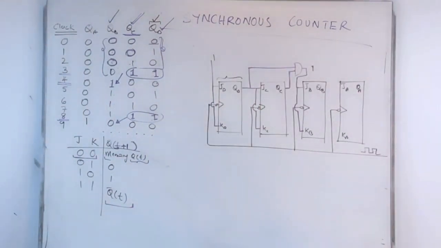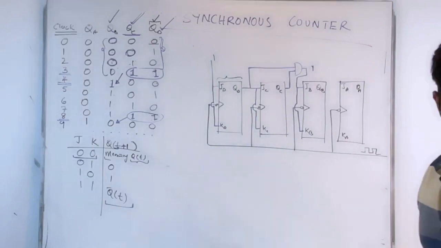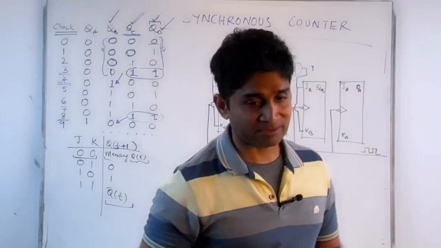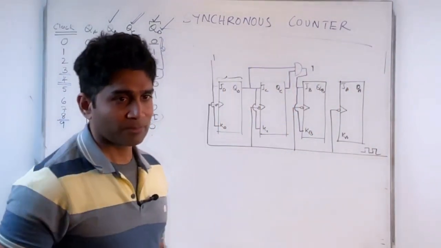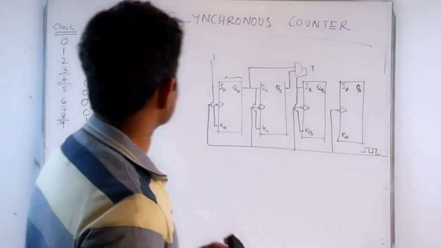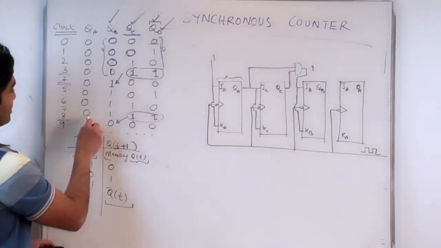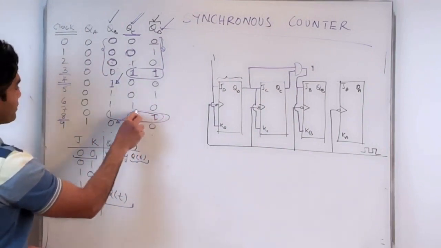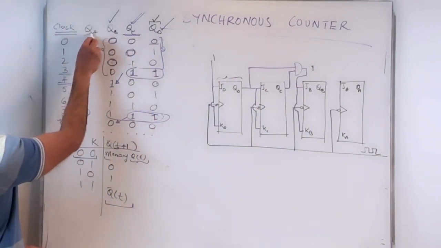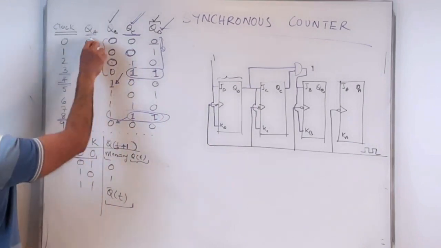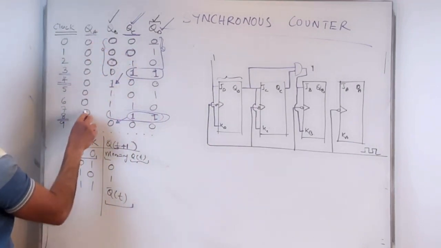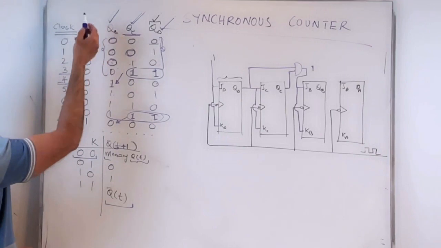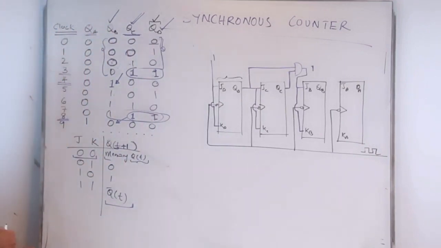So now we got QB as well. What about QA? Now that should be pretty straightforward, hopefully. Absolutely right. As you can see here, QA should toggle on the 8th clock pulse. That means it should be 0 for 7 clock pulses, or 8 clock pulses if I count from 0.